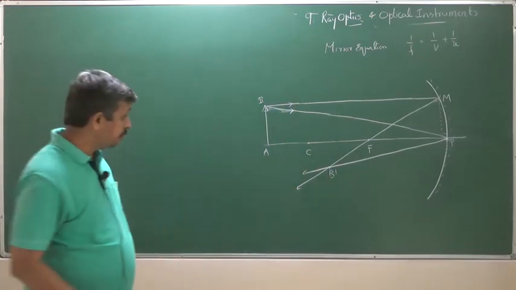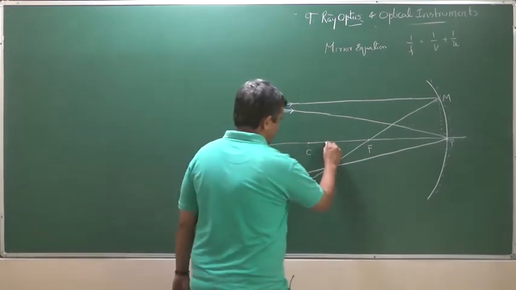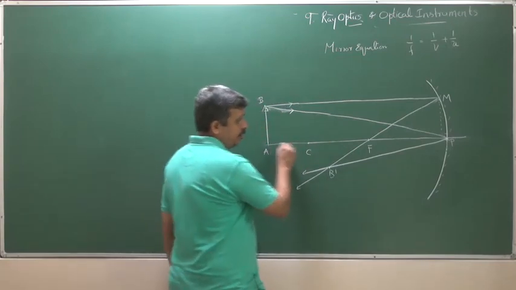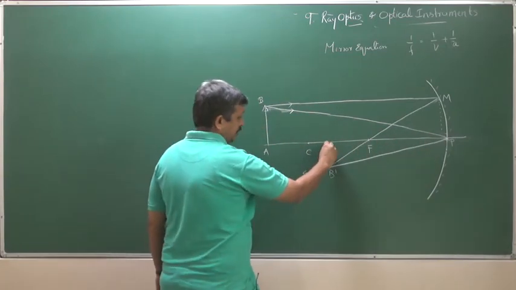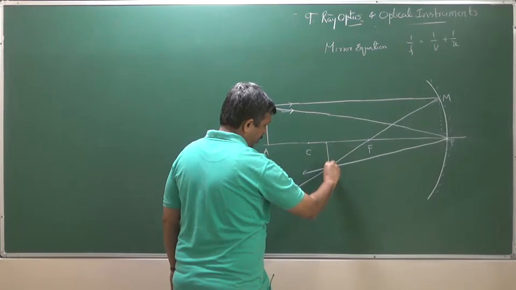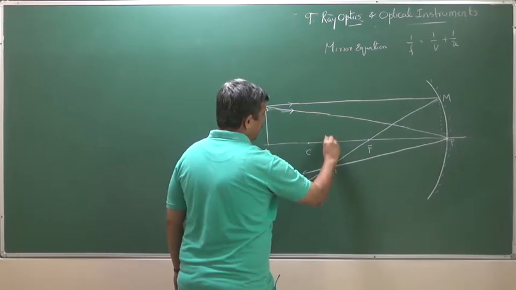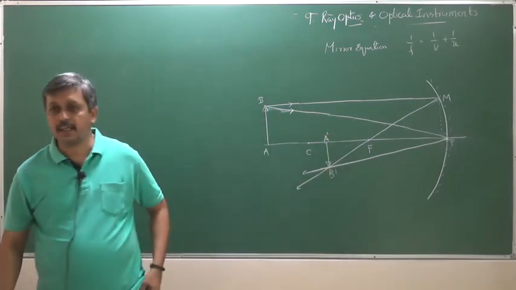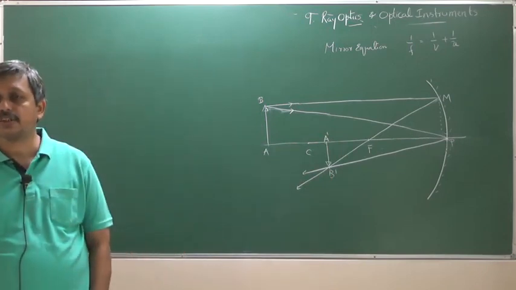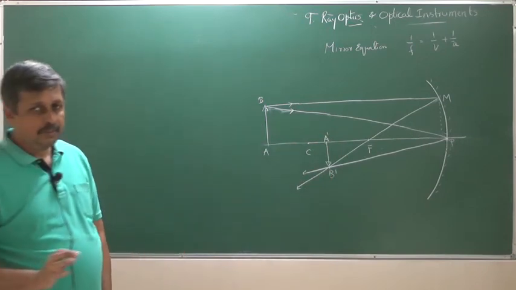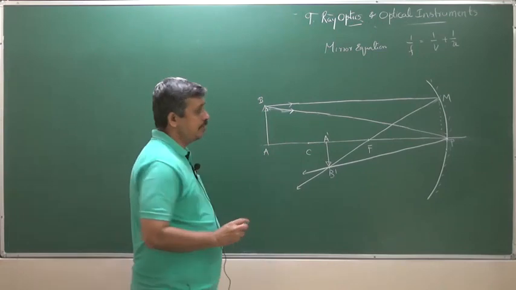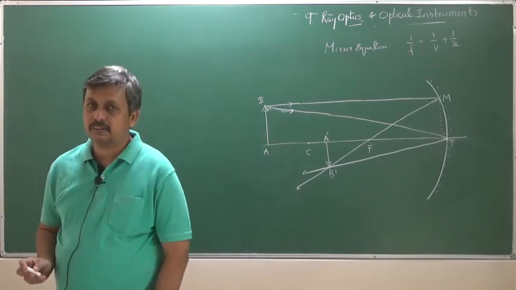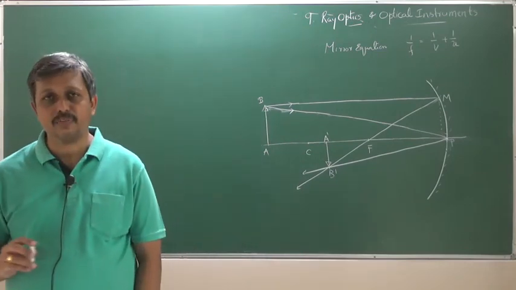Now I will draw one ray from A going to this and coming back. These are the image formations that you have done before, so I will not spend more time on that. A dash. I am now going to consider some similar triangles and work with them.